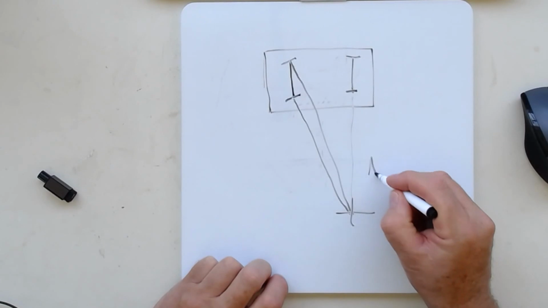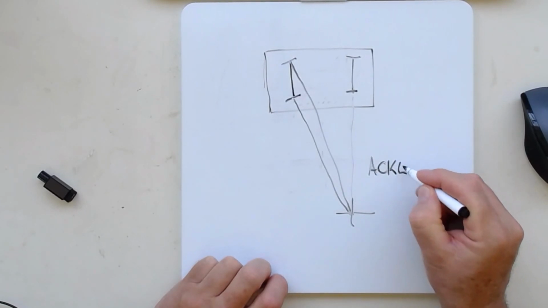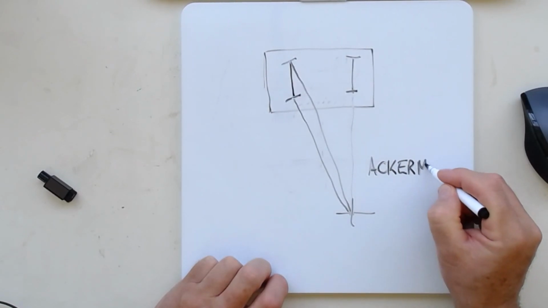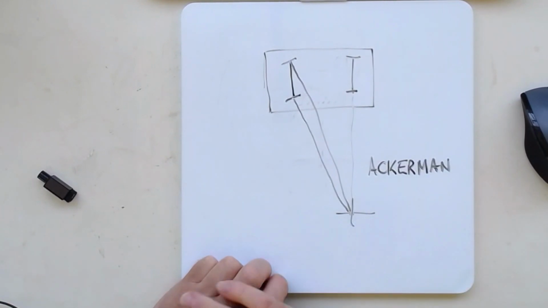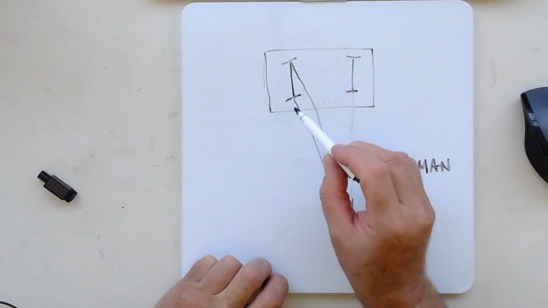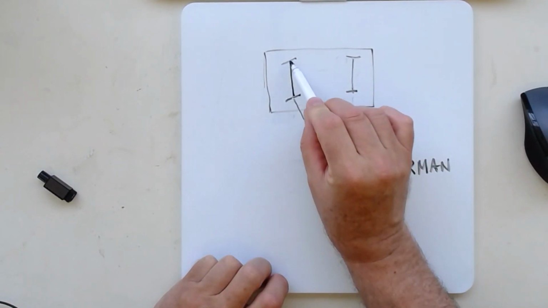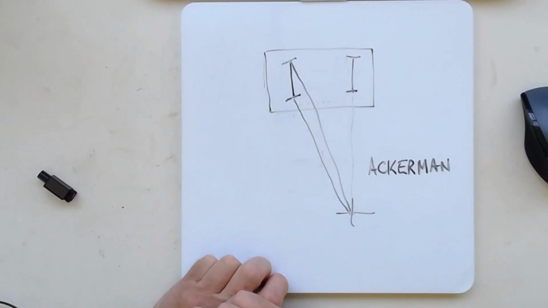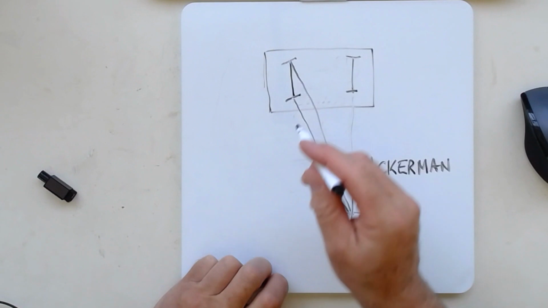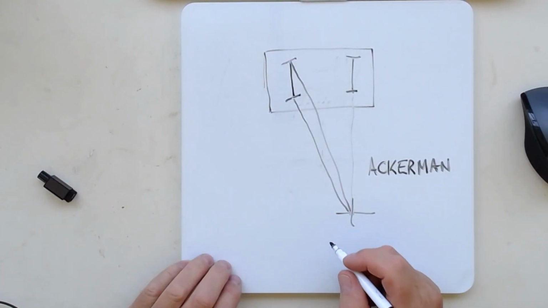This is called equal-ratio steering. I assume there was a Mr. Ackerman at some point. Now the detail of this is that this wheel has turned further than this wheel, has steered further than the outer wheel. That's the only way the geometry works.